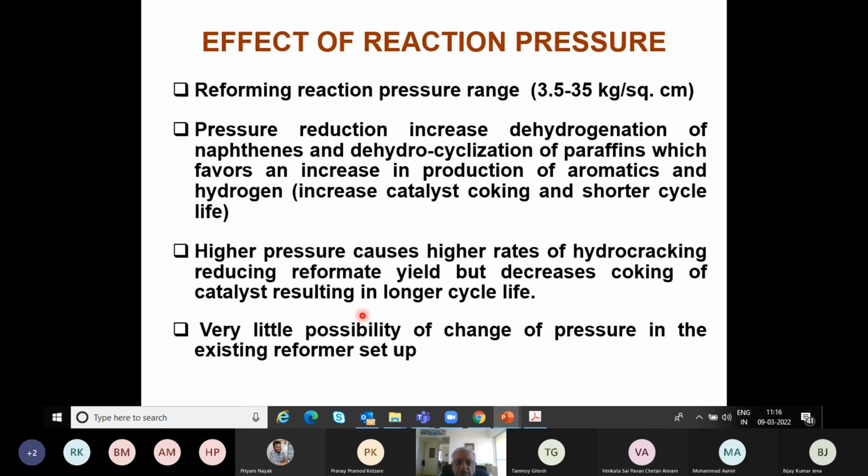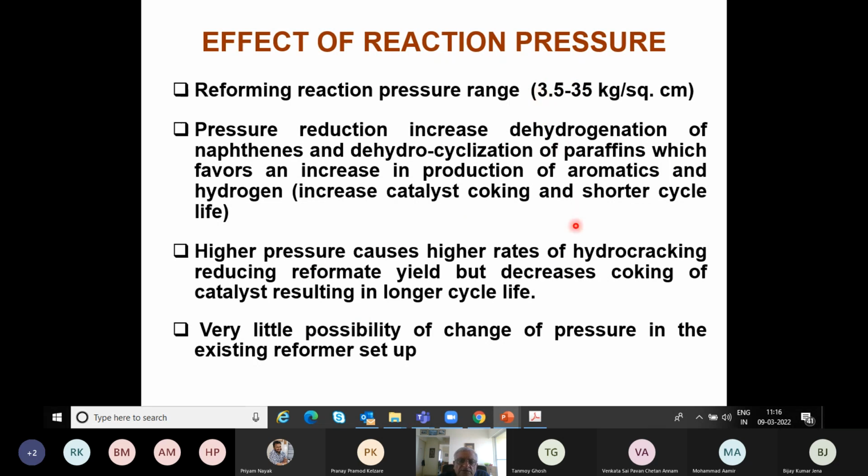Similarly, we talked about the pressure, which is, of course, one of the most important variables, and it has a historic perspective because when catalytic reforming was invented, the pressures were of the order of 70 bar. And because of developments not only in the catalyst but also in the technology, in terms of continuous regeneration, the pressures have been reduced down to what we know as 3.5.